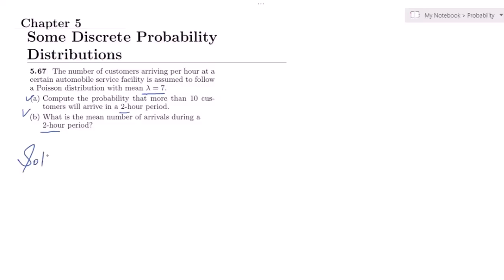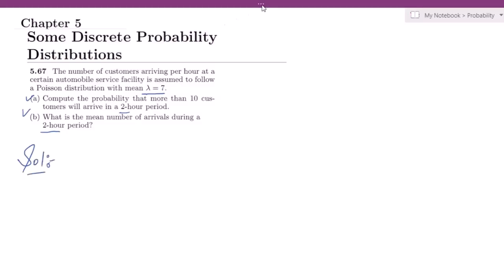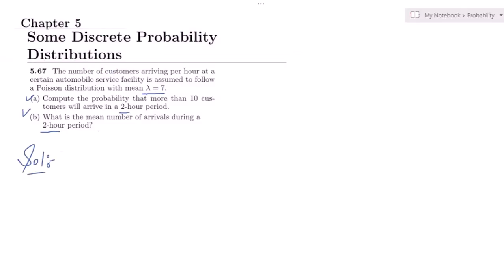What is the number of arrivals during a 2-hour period? For 1 hour, this is lambda 1 and this is 7. Therefore for the nth hour, lambda n will be equal to n multiplied by 7.